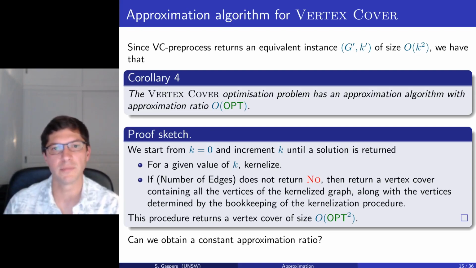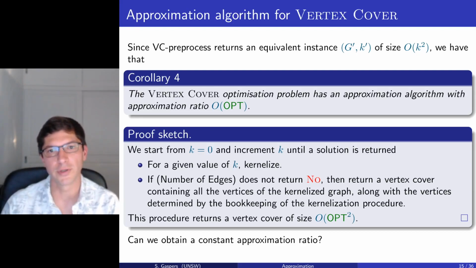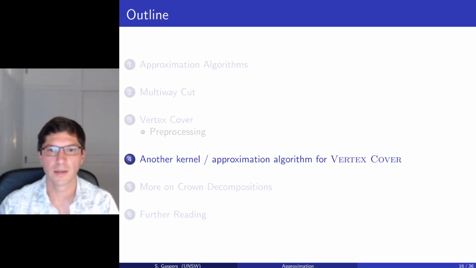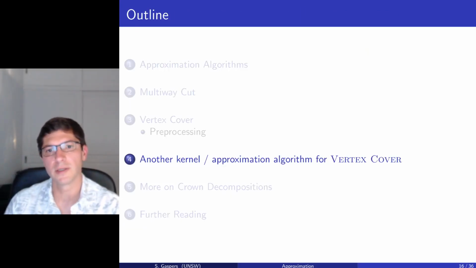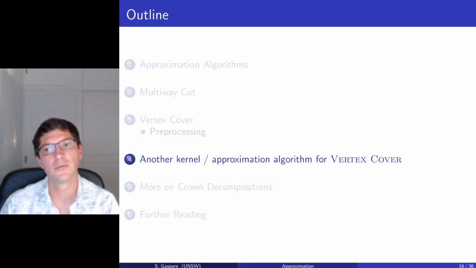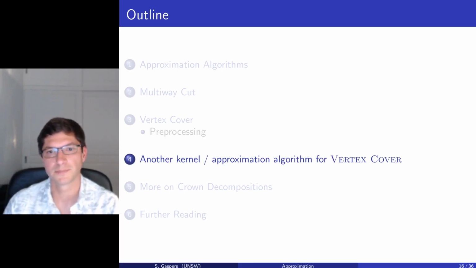And this is our approximation ratio for the vertex cover optimization problem. And now there's an obvious question. If we have an approximation ratio of order opt, can we get a constant approximation ratio? And so now we will see another kernel and approximation algorithm for vertex cover.